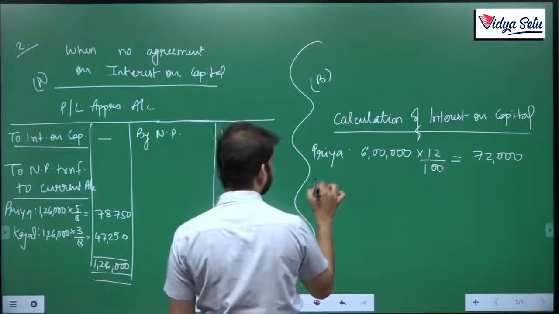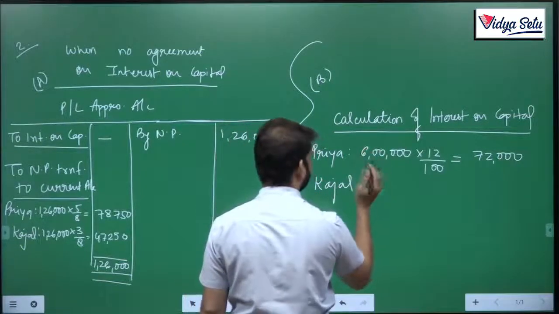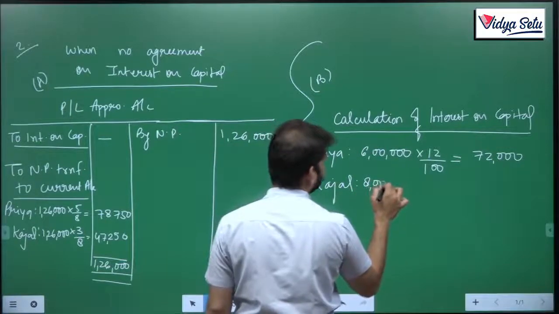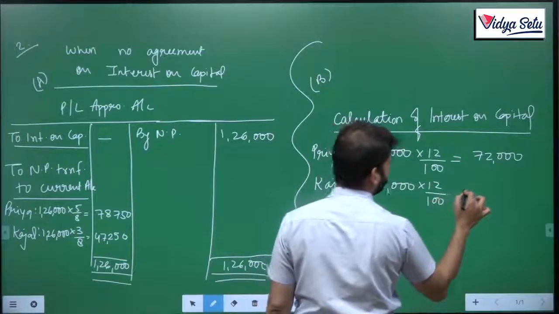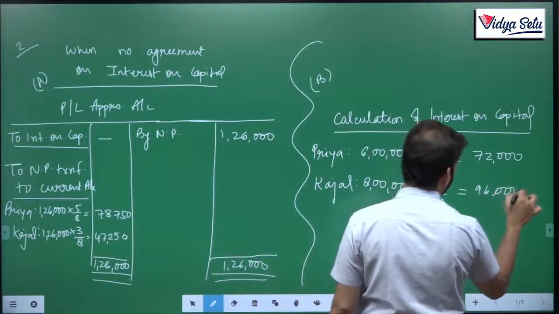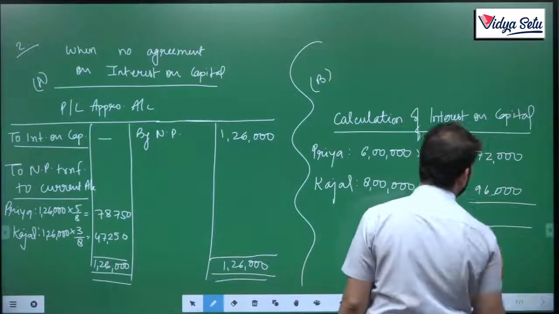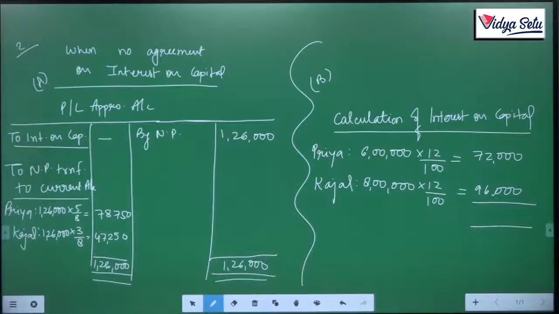And the next one is Kajal, 8 lakhs, which gives 96,000. I can see that 72,000 plus 96,000, 1,68,000, is more than the 1,26,000 profit which we have.